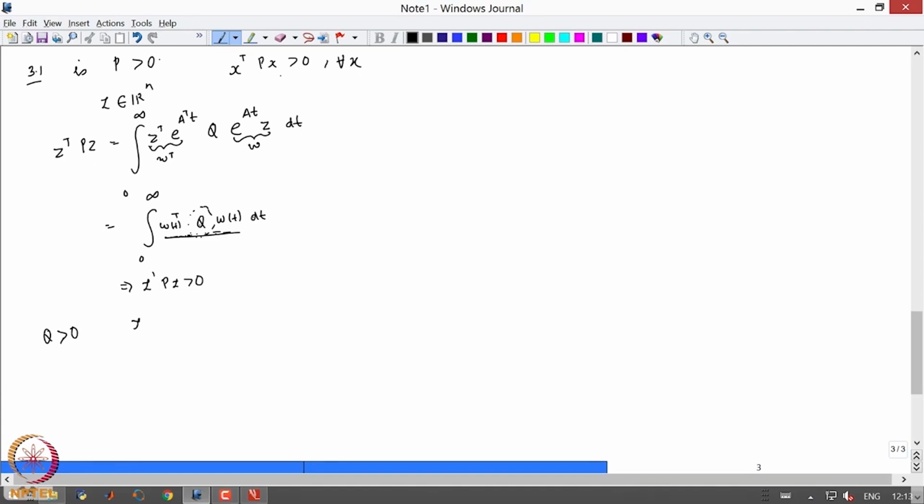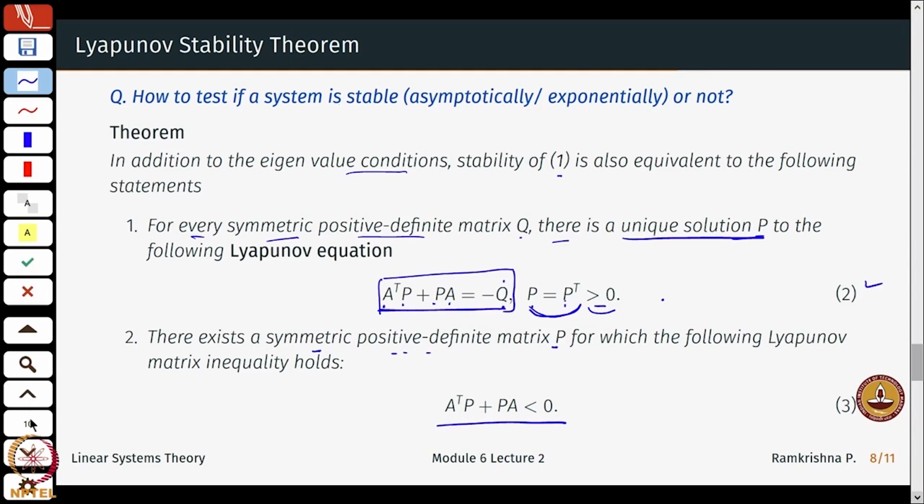So, whenever z transpose P z is equal to 0, this would imply that W transpose Q W is 0. Okay. Now, when can this happen? This can happen if W(t) is 0, from the definition of the positive definite matrix. So what was the definition? If we recall, we go back.